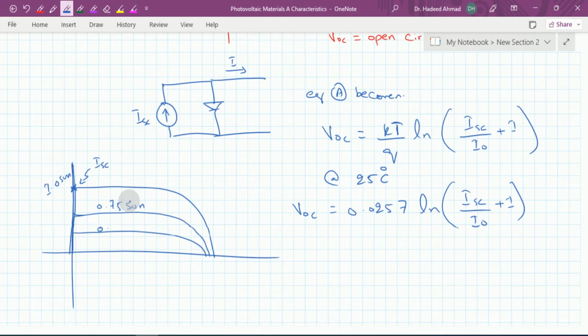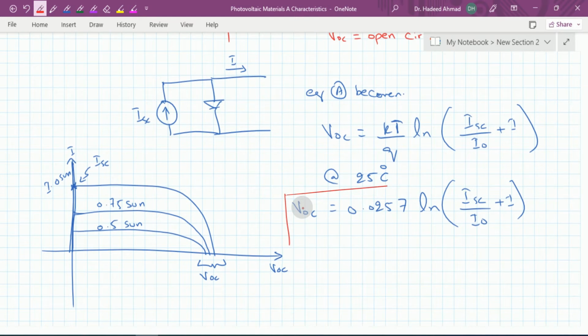So with the change in the irradiance, or the change in the falling light, the major impact is seen on the value of the short circuit current, while there is very limited change in the value of the open circuit voltage.